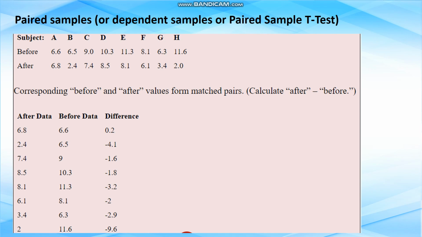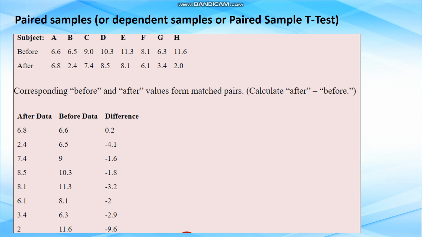For subject A, you measure before 6.6 and after 6.8. And you measure before and after for every subject.